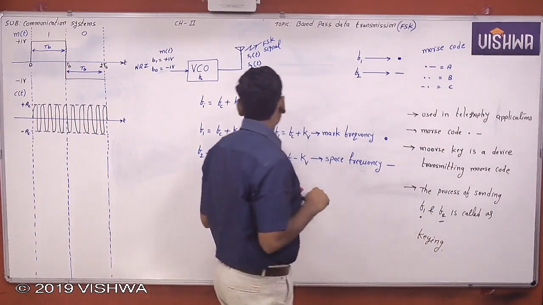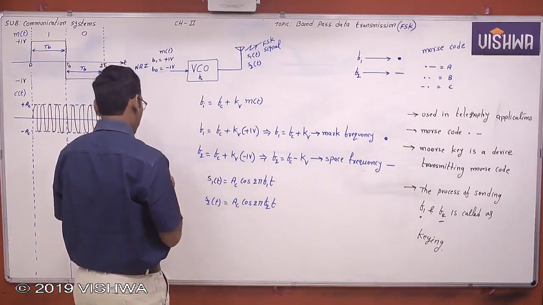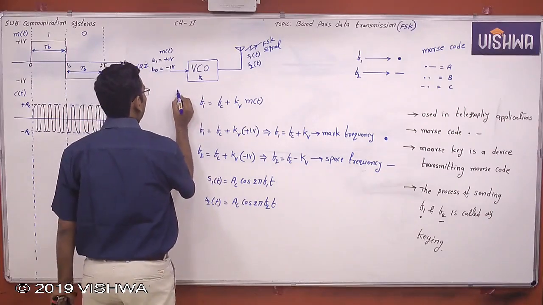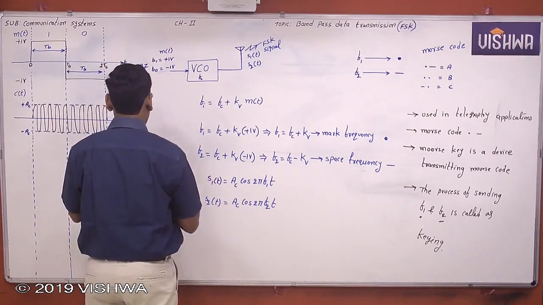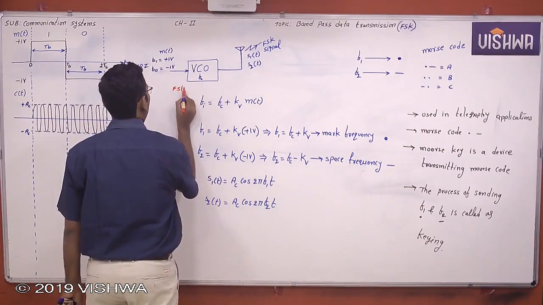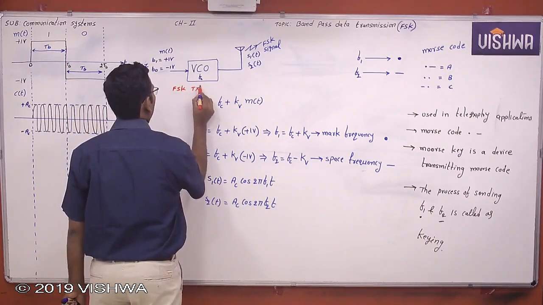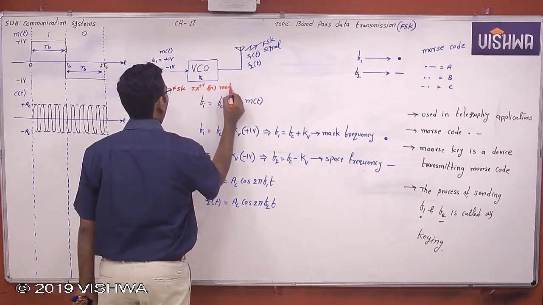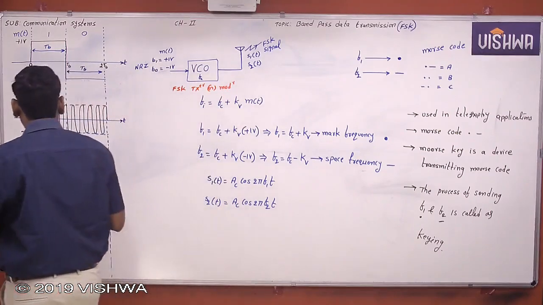So this is the transmitter portion, the FSK transmitter, or FSK modulator. What is the FSK modulator output?